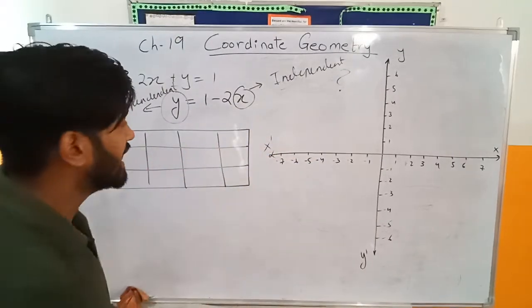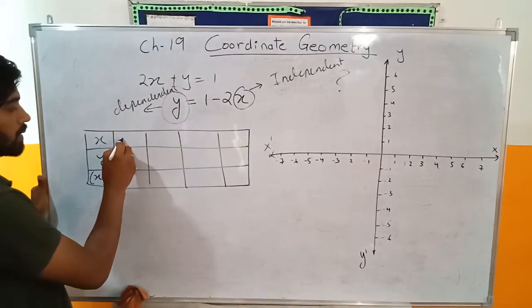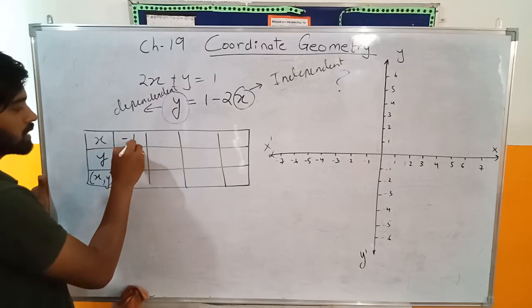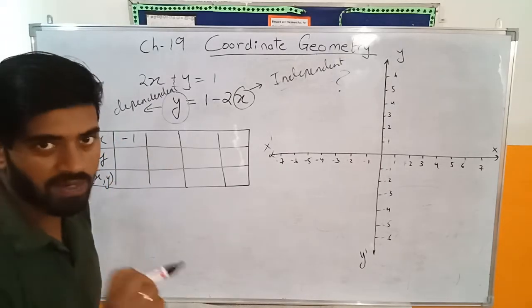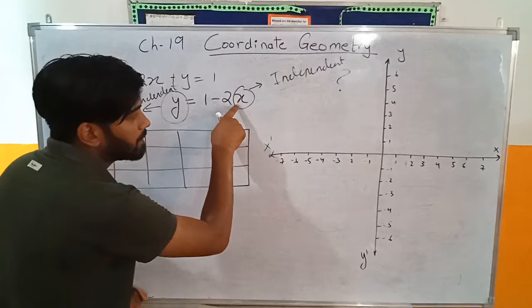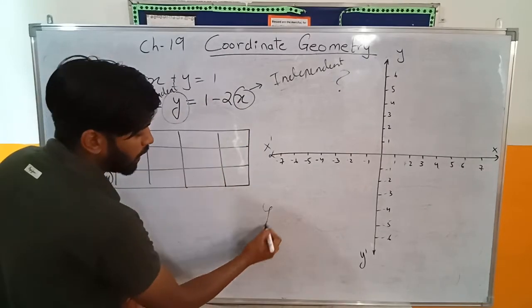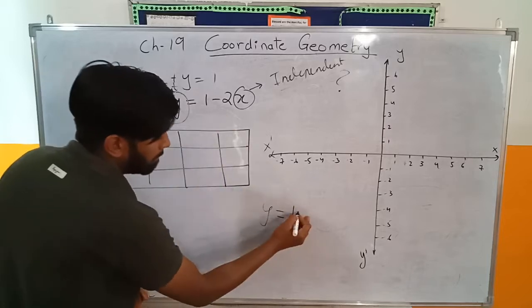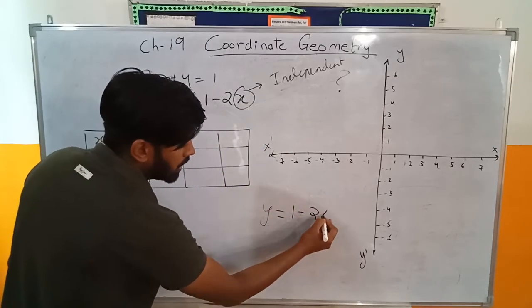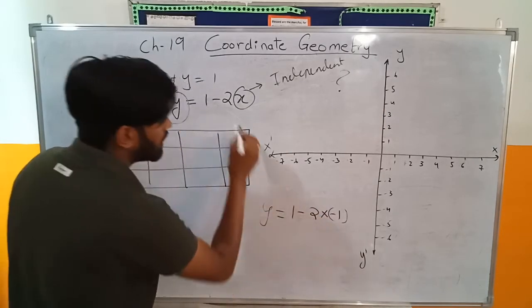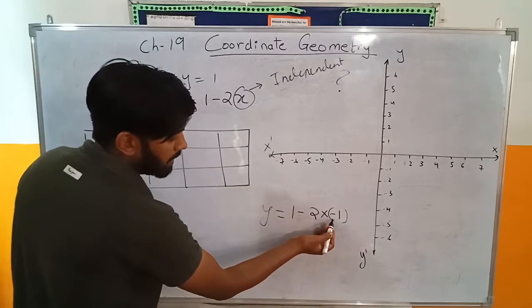So I'm saying let x equal 1, or let's say let x equal -1. If I put -1 in place of x, what is my value of y going to be? y equals 1 minus 2 into -1, because in place of x I'm keeping -1.